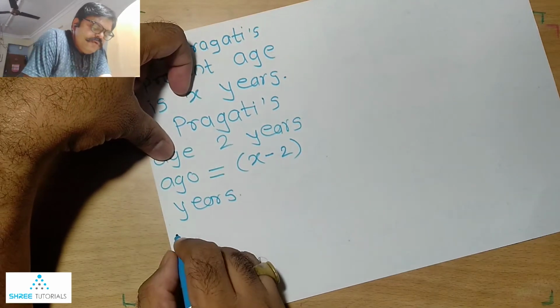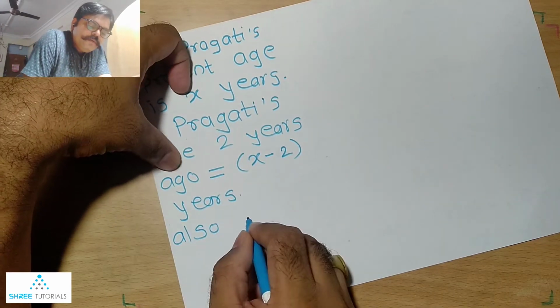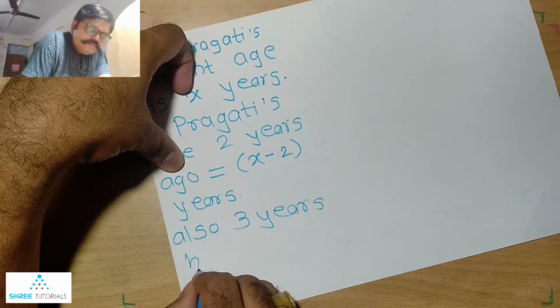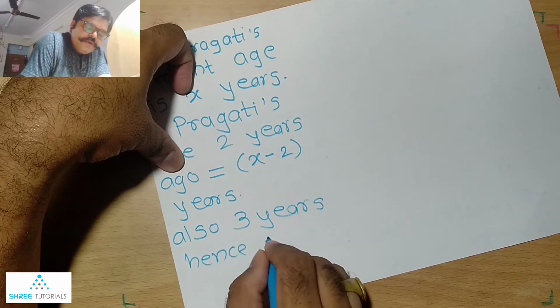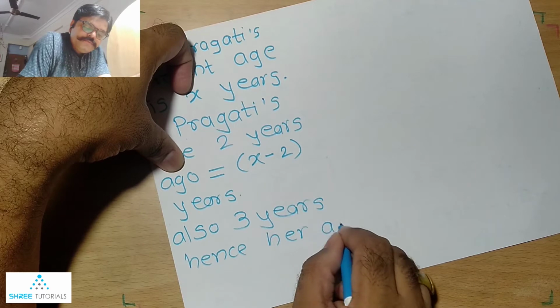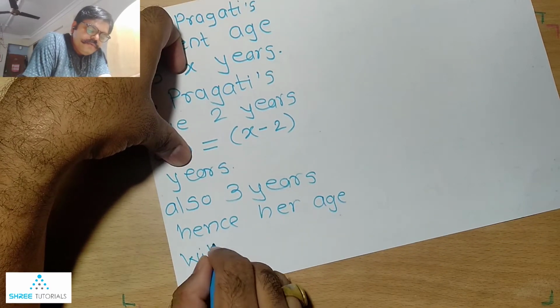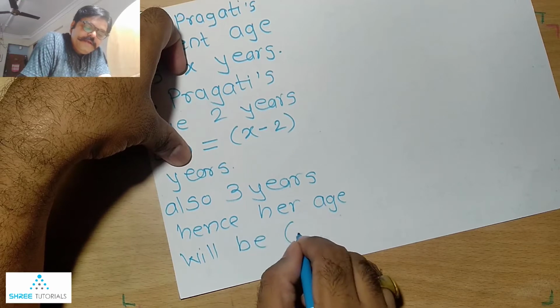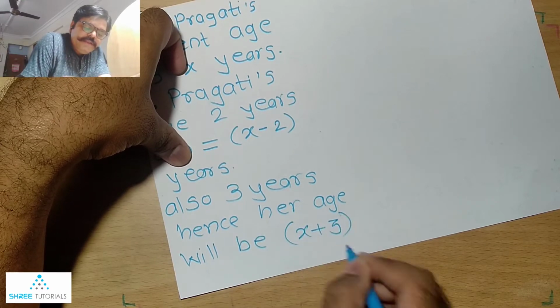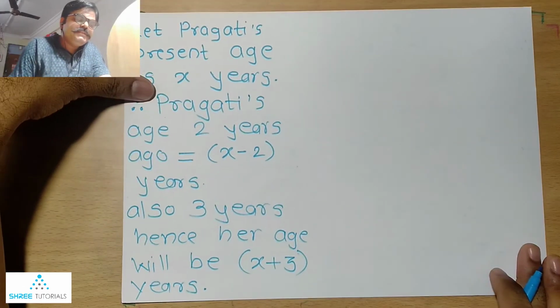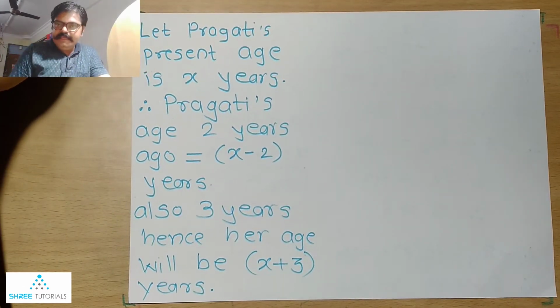So 3 years hence her age will be X plus 3 years. So after 3 years her age is actually going to be X plus 3 years.